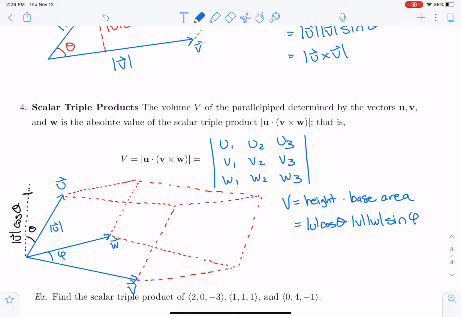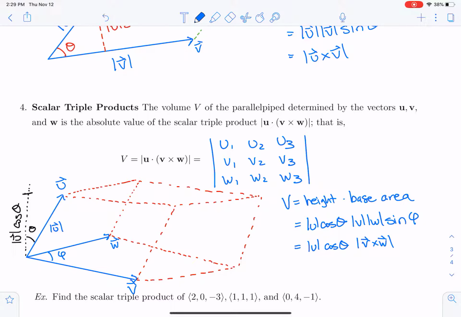So what you can see, though, is that we have a u cosine theta times essentially the magnitude of v cross w.